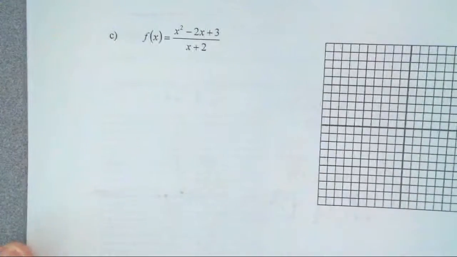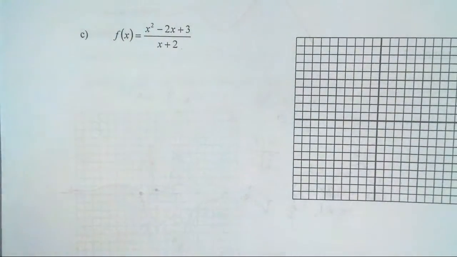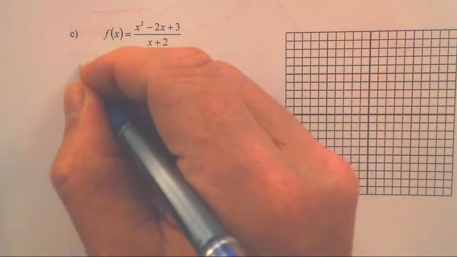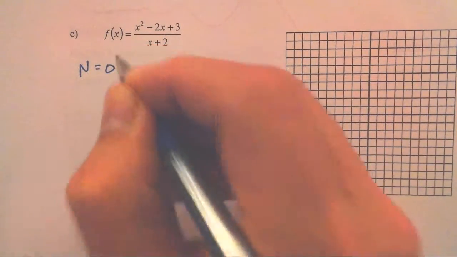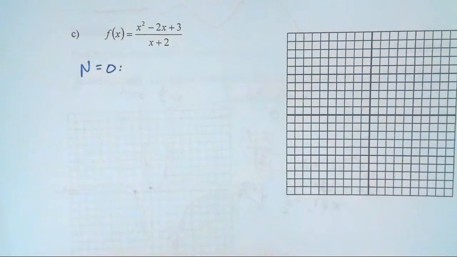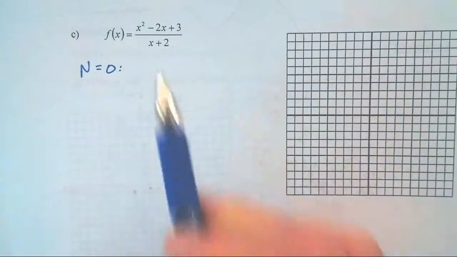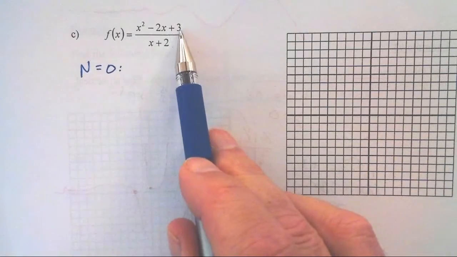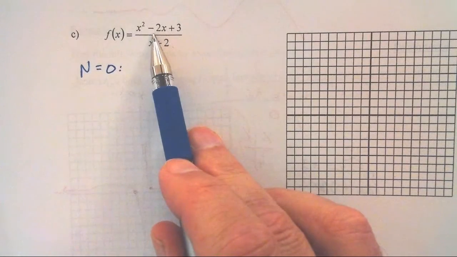All right, so let's go through this with a more systematic approach than what we did yesterday. We'll go through this guy. So let's let the numerator equal 0. My first thought is, it's quadratic, maybe it factors. I see 3 and 2, and I'm thinking 3 and 1, but that would have to be -3 and +1 to be -2.